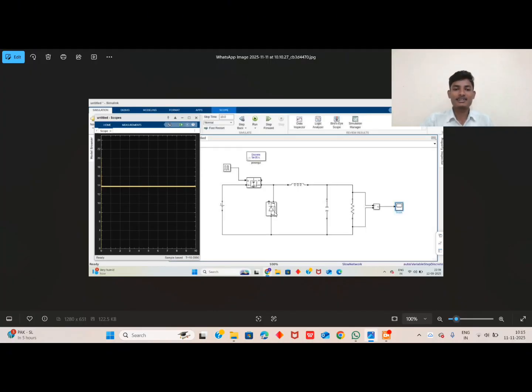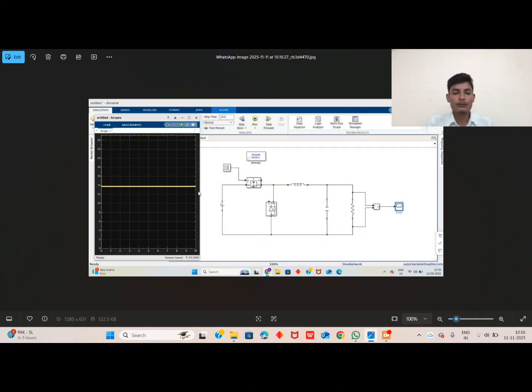Hello everyone, my name is Chandrakar Siddharth, and today we are presenting the DC to DC ripple converter in MATLAB Simulink. First of all, go to MATLAB online or offline, log in to your account and go to the simulation. Then go to a new block.